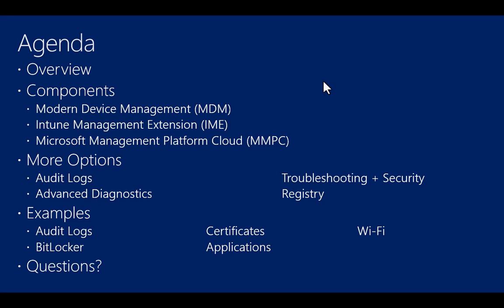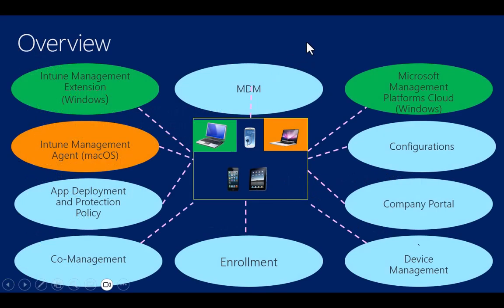Then I want to touch on a few other options: the audit logs, the troubleshooting and security tab, the registry, and some advanced diagnostics. And then we'll have a few examples that go a little beyond that, some that use the audit logs. I think I might have that in there twice. Anyway, and then we will be done. It's certainly not exhaustive, but intended to give you an idea of how to go through and do some of these things. So let's get started.